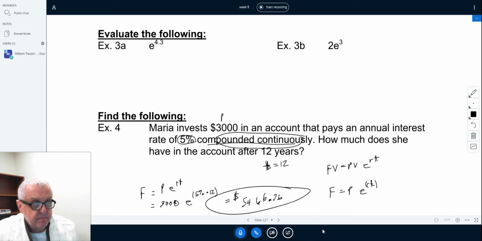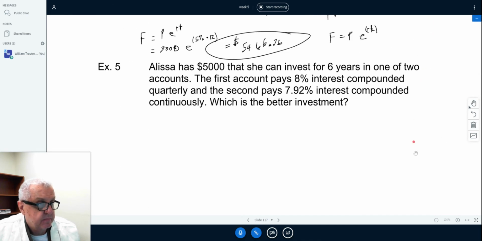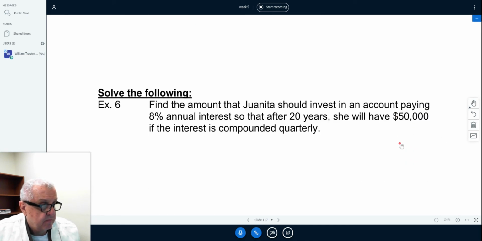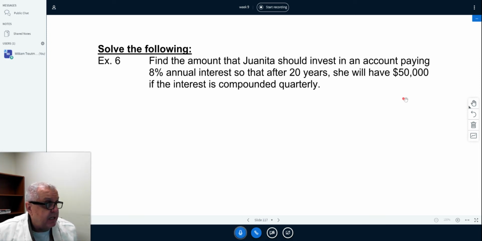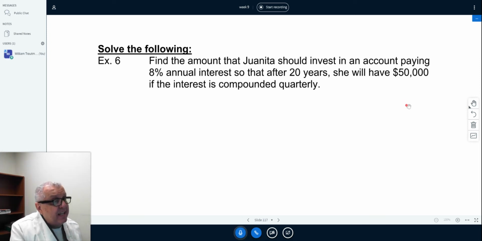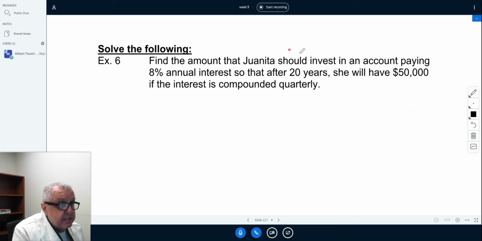Okay. Let's see what else we got. Okay, so number 6 is a different formula. Not necessarily a different formula. It says find the amount Juanita should invest.